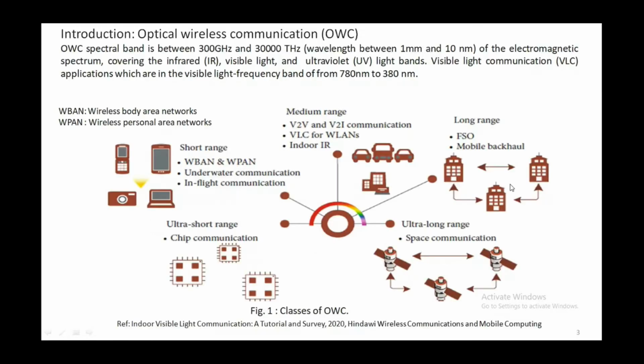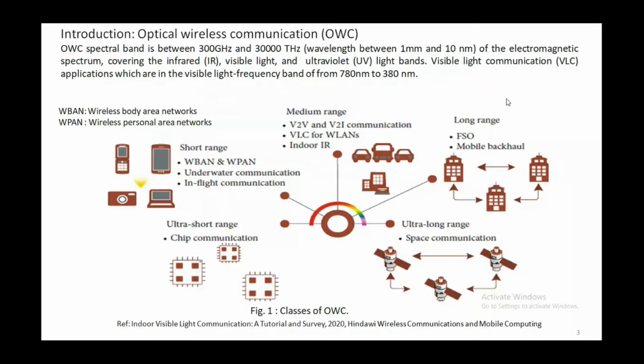So optical wireless communication. The optical wireless communication spectral band is between 300 gigahertz to 30,000 terahertz, that is, wavelength between 1 millimeter to 10 nanometer of the electromagnetic spectrum, covering the infrared, visible light, and ultraviolet light bands.